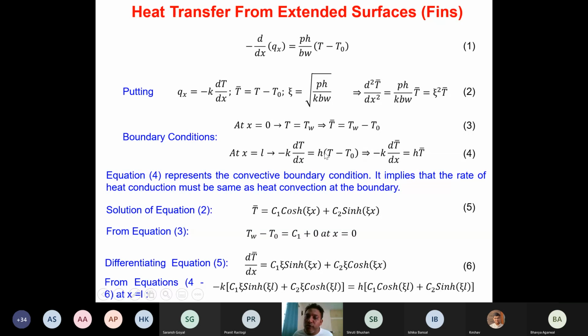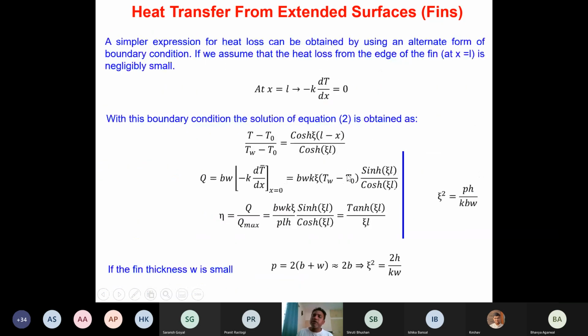But instead of this, if we use minus k dT by dx equals 0, I get a much simplified expression, and that expression is this. So if I put this in the original differential equation, what I get is (T minus T naught) divided by (TW minus T naught) equals cosh of zeta (L minus X) divided by cosh of zeta L.